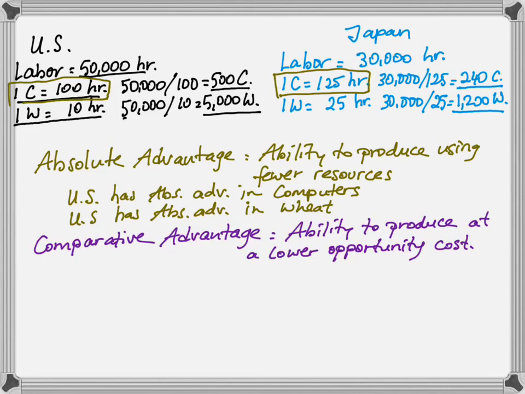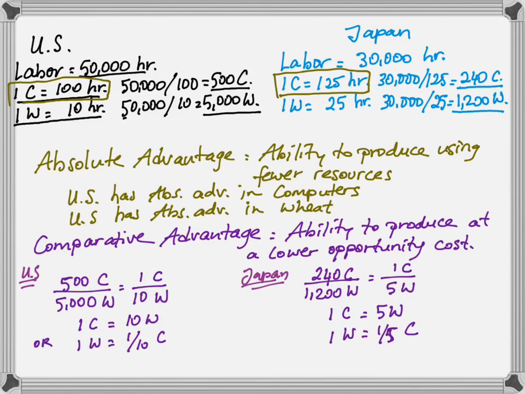Now we need to look at comparative advantage. What is comparative advantage? It is the ability to produce at a lower opportunity cost. So, in the United States, what is the opportunity cost of producing computers?